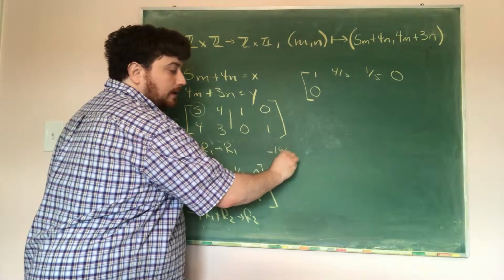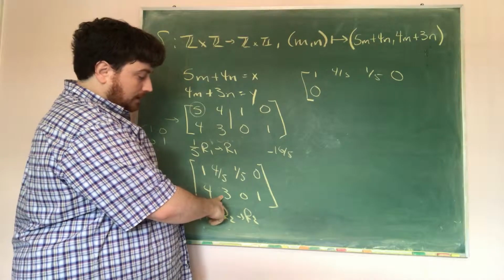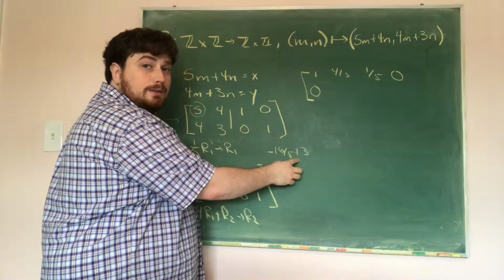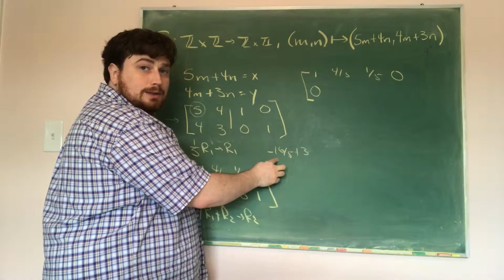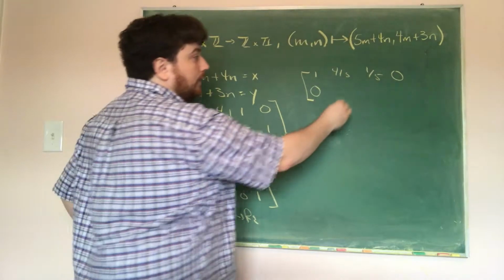I'm going to write that one down so I can remember it. And then I'm going to add that to 3. So if I take -16/5 plus 3, that's -16/5 plus 15/5, which is -1/5.